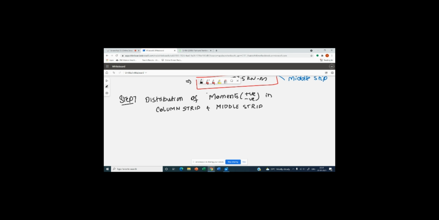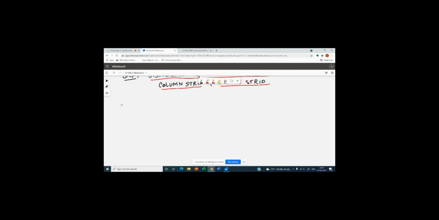Then accordingly we will get the steels. So distribution of positive moments in column strip and middle strip, distribution of negative moment in column strip and middle strip, again following the IS 456 clauses.